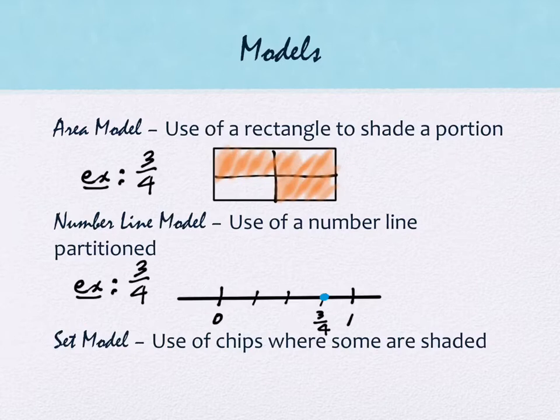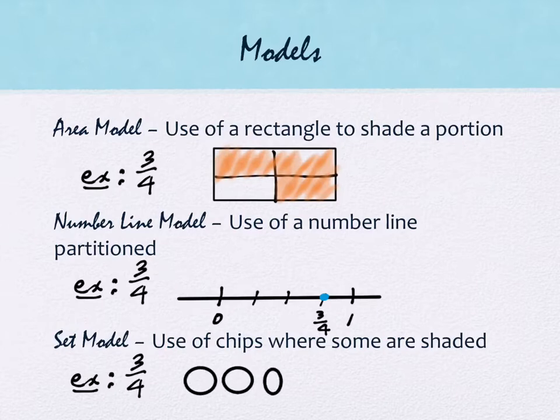And the last one is the set model. The set model is the chips thing that we saw last time, where we're going to go with 4 chips, and then 3 of them are shaded in.